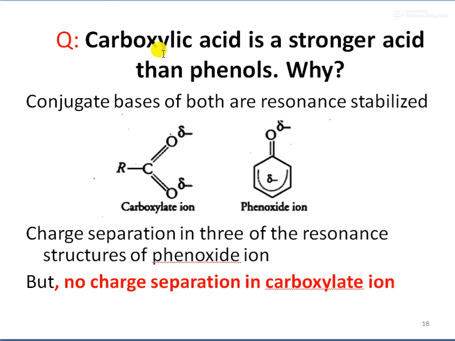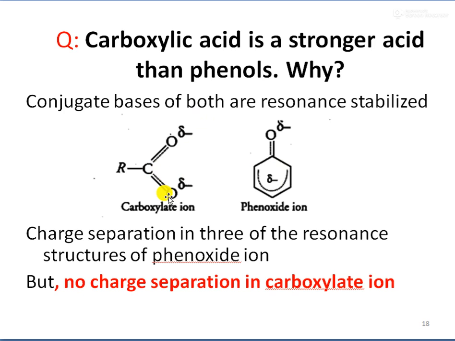Then comparing the acidity of carboxylic acids and phenols, we discussed that carboxylic acid is a stronger acid than phenols. In both cases, resonance stabilized conjugate bases are formed when the H plus is lost.